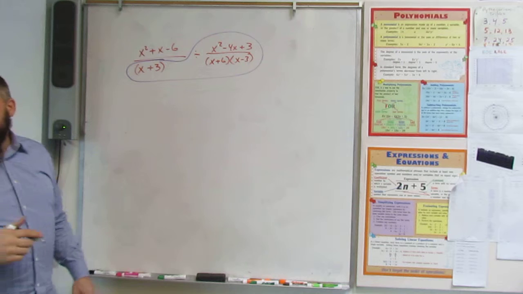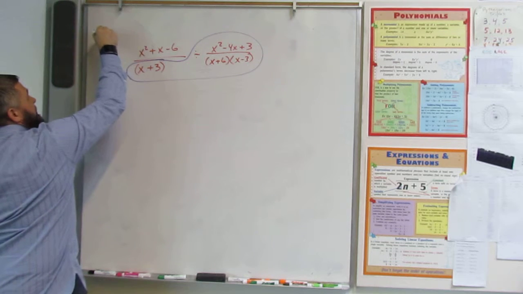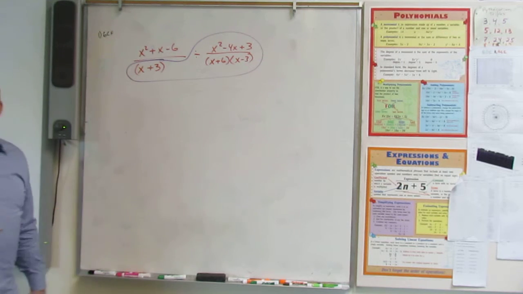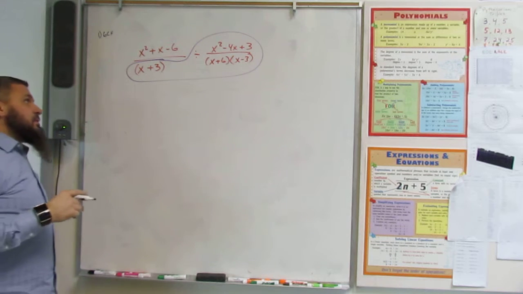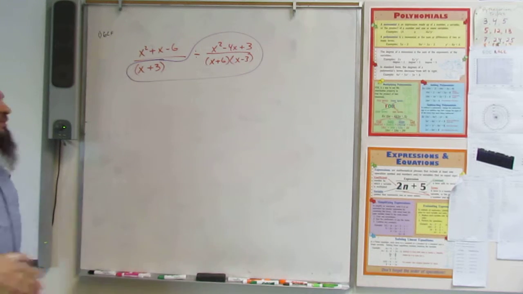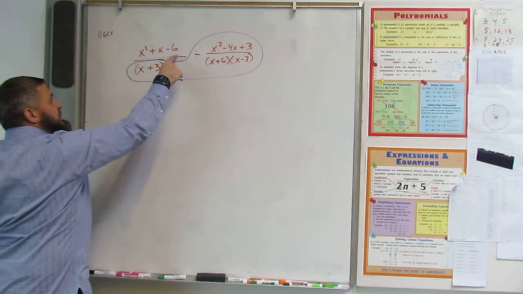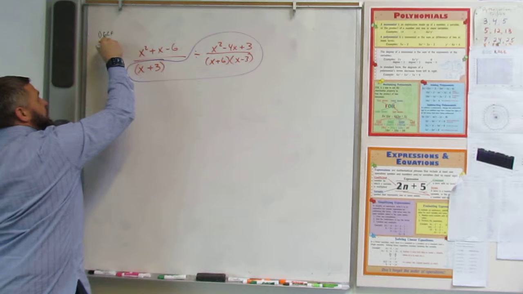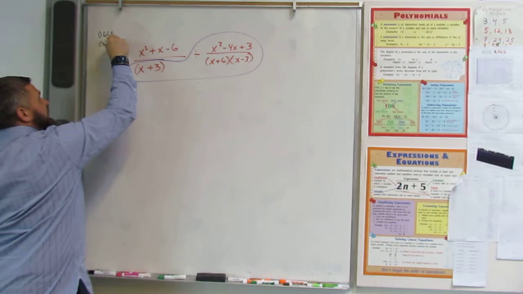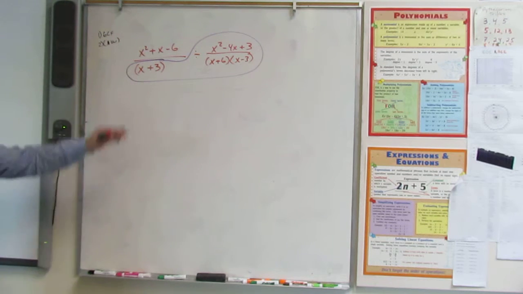Okay, so factor this. Step-by-step method, right? First step, GCF, right? But there is no GCF. And so I go to the second step, which is parentheses, star, variable, right? But there is no star.